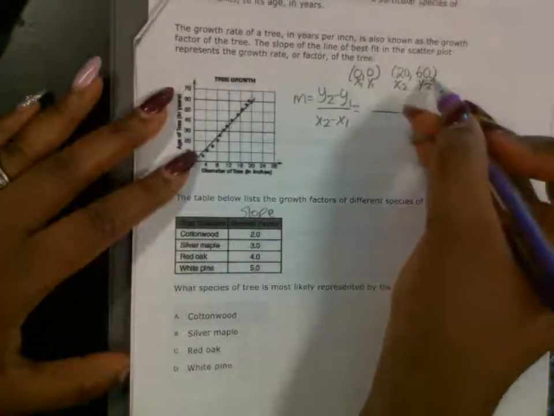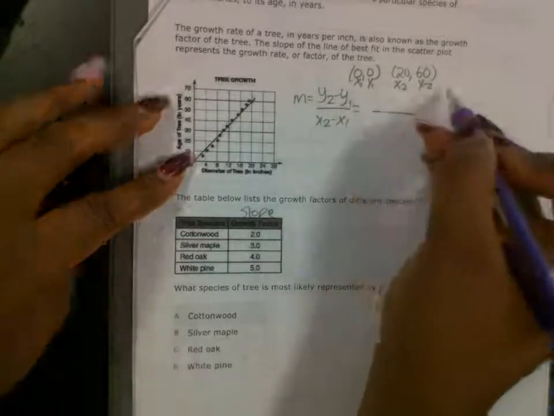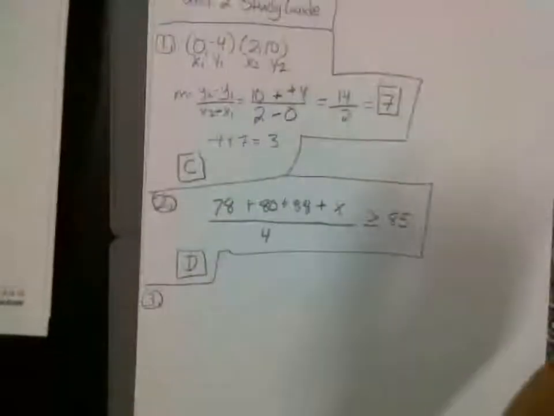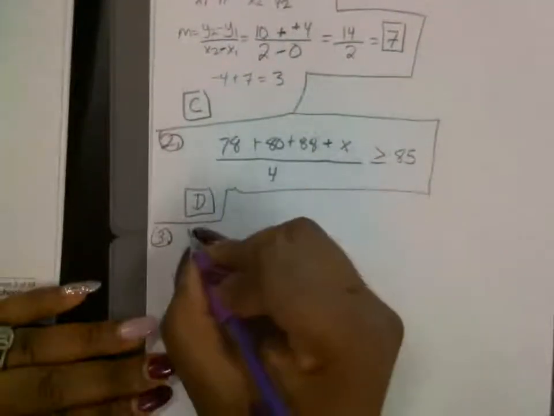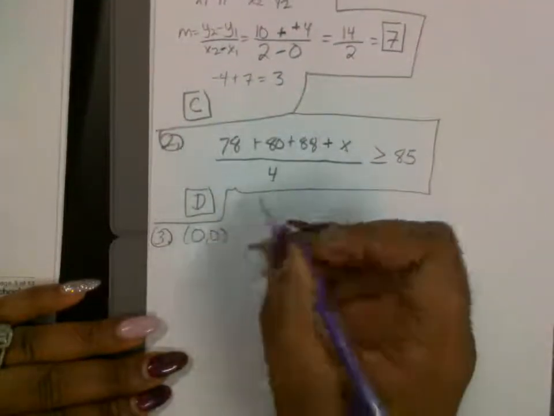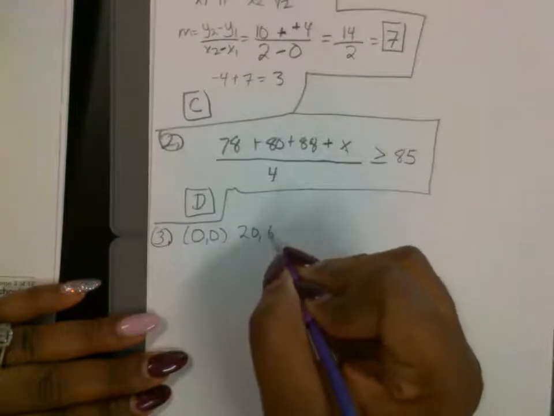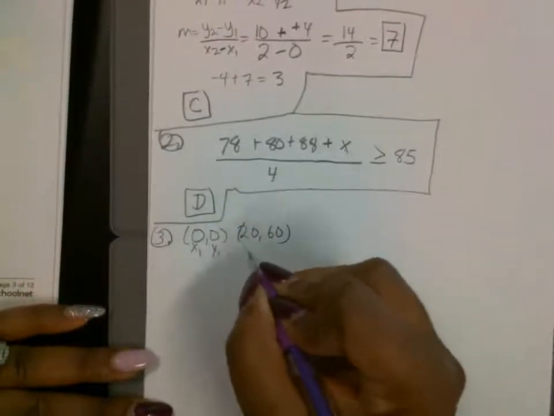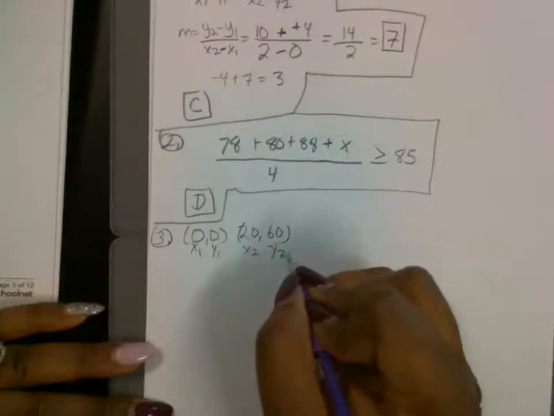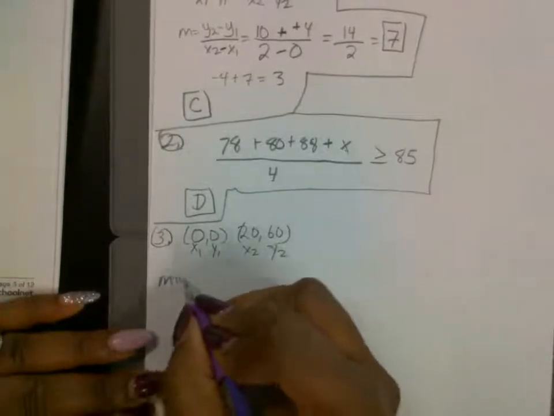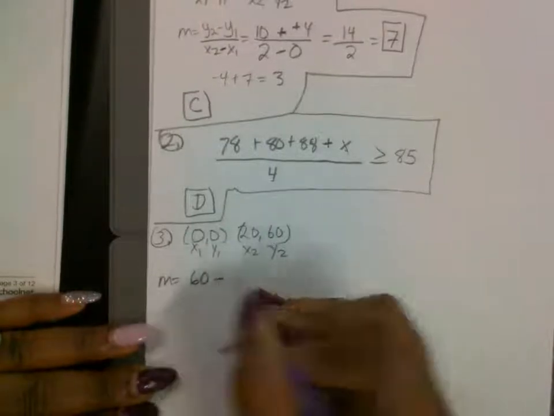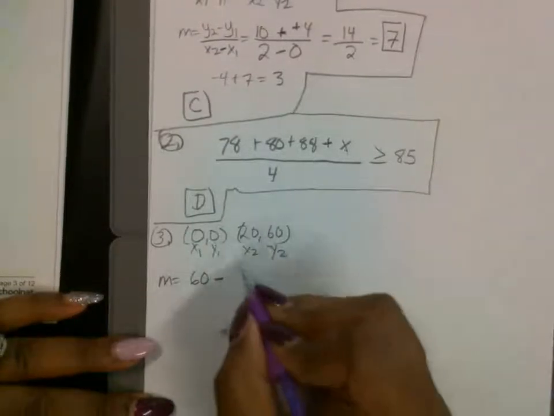Okay, so on the top, this gives me 60 minus 0, and I keep forgetting, so let me write it on this paper: 0, 0, 20, 60, x1, y1, x2, y2. All right, so on the top, you get 60 minus 0.